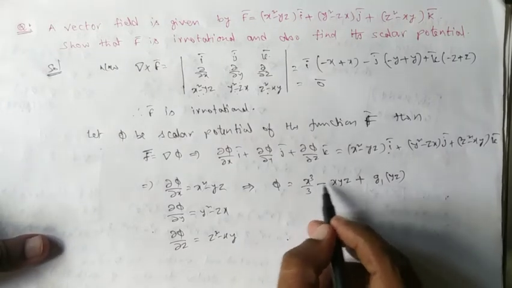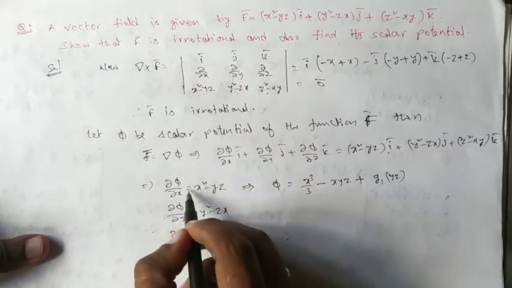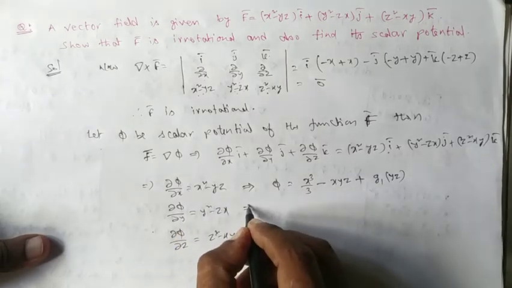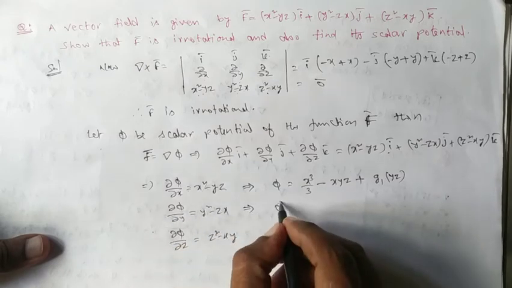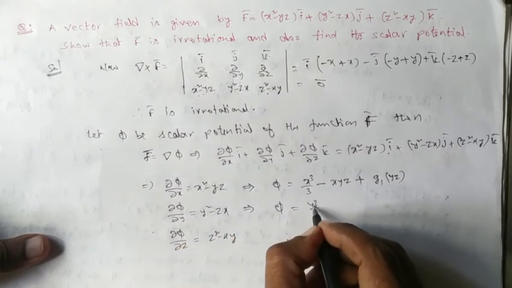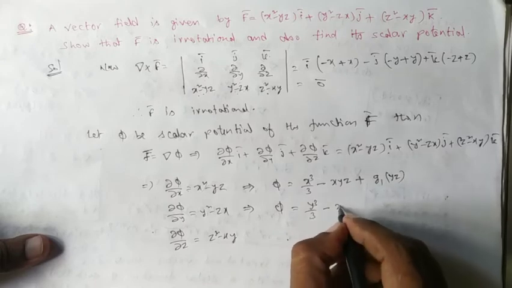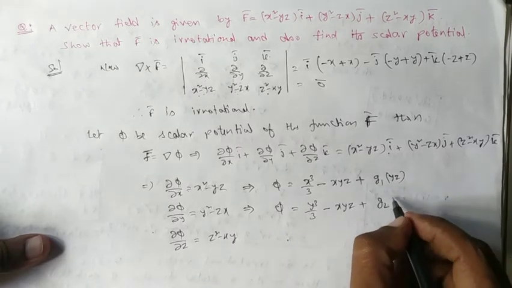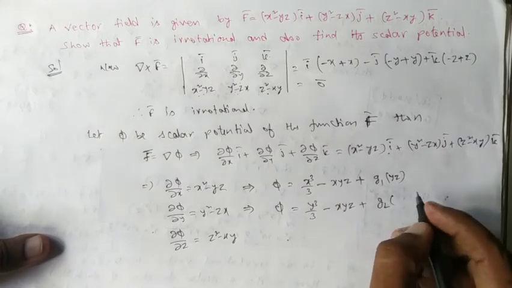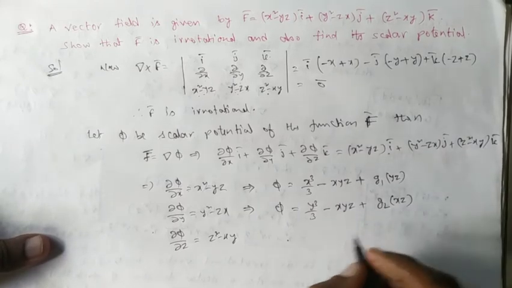When you differentiate this term with respect to x, you get back the same thing. Similarly, if you differentiate with respect to y, we will get pi equal to y cube by 3 minus xyz, and instead of a constant, we can write some function of x, z.